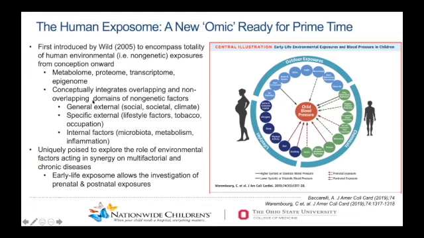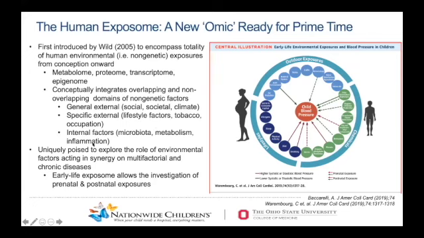General external domains include social, societal, and climate factors. Specific external domains could include lifestyle factors, tobacco, occupation. Internal factors can include the microbiome, metabolism, inflammation.